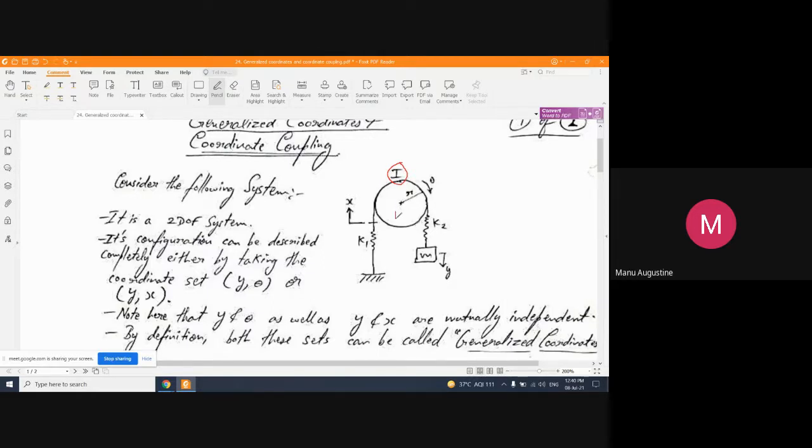So maybe the disk has a mass of, let us say, capital M. Sometimes the data might be given like this. Instead of giving you the value of I, they might give you the mass of the disk itself. But in that case, you don't have to worry. Your I would be easily calculated as half of m r squared, because most of you would be remembering the formula for mass moment of inertia of a circular disk about its centroidal axis to be half of m r squared.